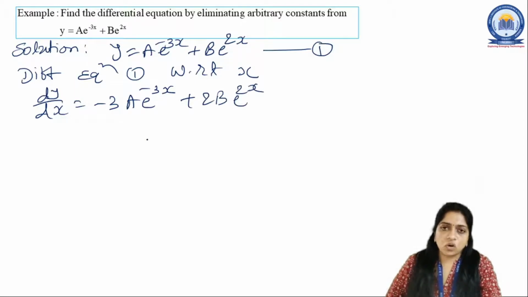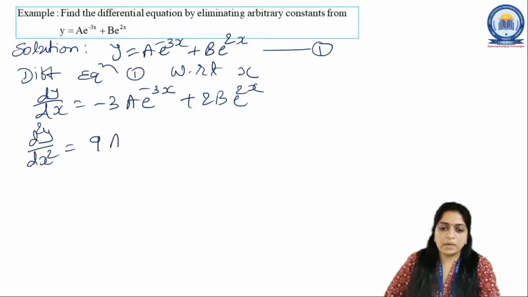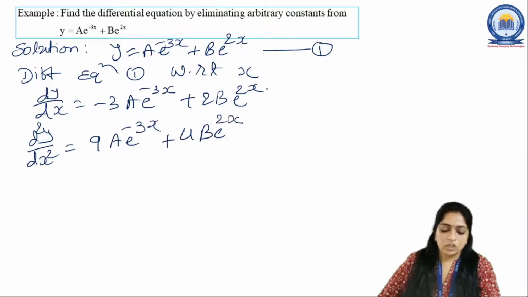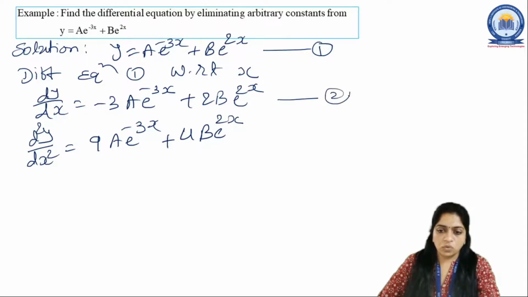As there are two constants, we differentiate equation 1 two times. So let's take another derivative, that is d square y upon dx square, which is 9a e raised to minus 3x plus 4b e raised to 2x. So this is my equation 2 and this one is my equation 3.